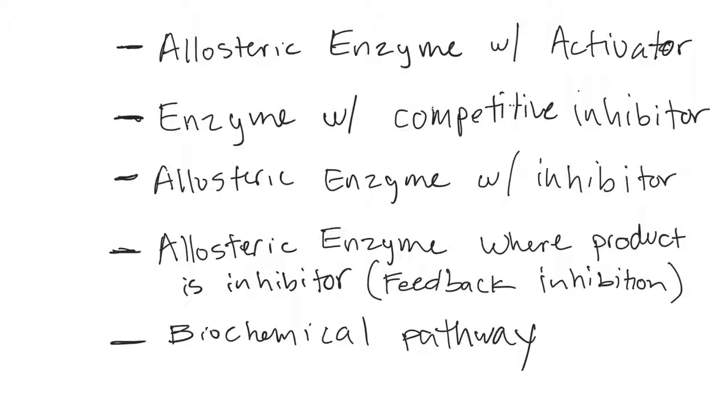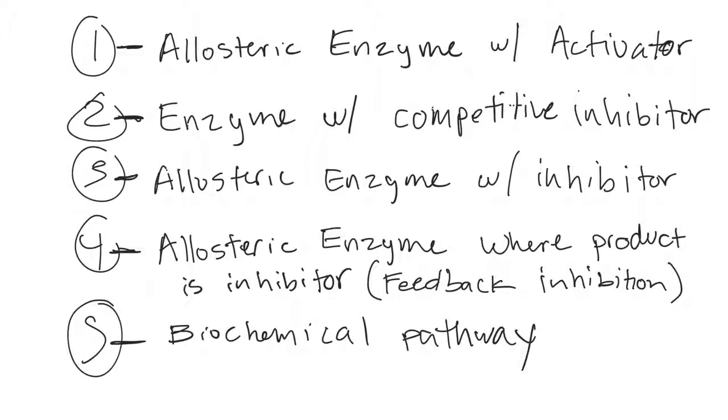You guys will draw an enzyme with a competitive inhibitor. You guys will draw the allosteric enzyme with an inhibitor. And then you guys will draw, here, I'll just do 1, 2, 3, 4. So you guys will draw number 4, allosteric enzyme where product is inhibitor.